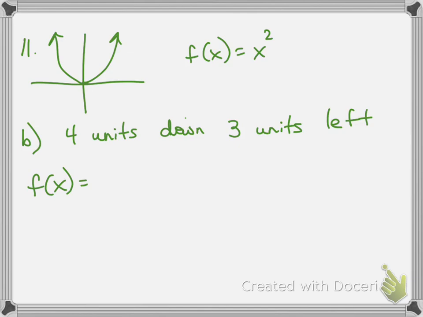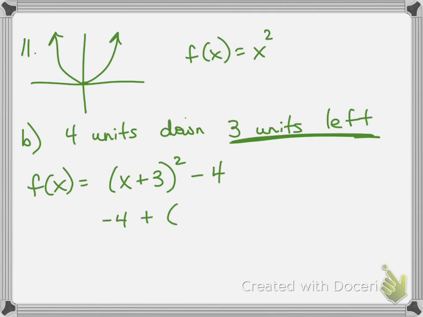Left, right, up, and down, we can do those all at the same time. So I'm maybe going to deal with the left-right first, because I need to write it in there with the x. So we need to do x plus 3 to handle the left-right, and that needs to be inside with the x. And then we can do the down 4. You could have also done down 4 plus the left shift. Both of those are great.